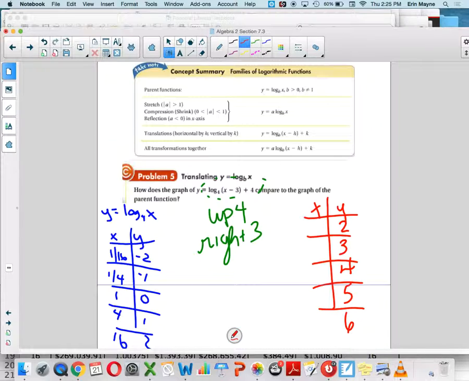Notice these go in sequential order. And then by far the harder part for people is always the stuff with the x's. Where does 1/16 go if it goes right 3? 3 1/16. How about 1/4? 3 1/4. Now be careful here. What about 1, 4, and 16? Okay.